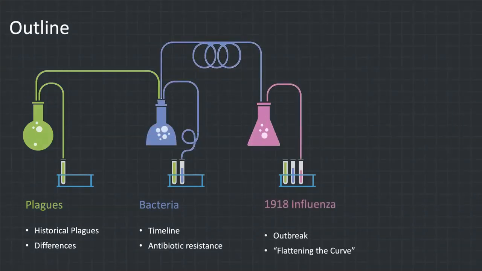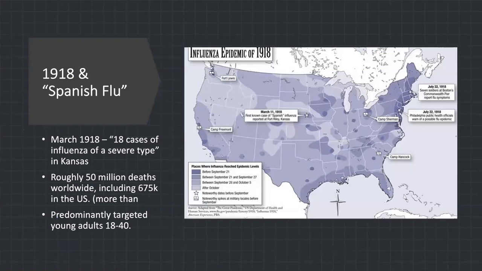Okay. I think I can discuss the 1918 influenza, which, as it may be obvious, happened in 1918. The very first few cases were in Kansas, but because the United States was in World War I at this point, we weren't actively reporting these deaths.